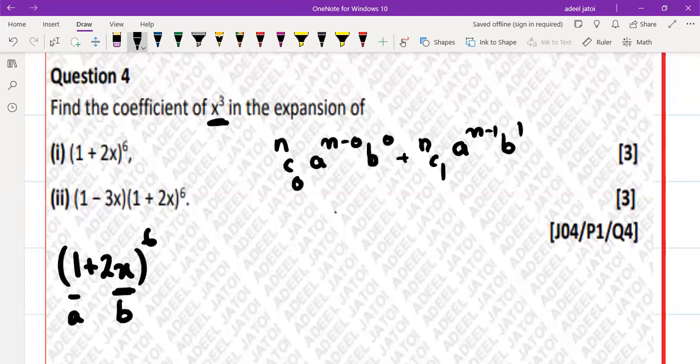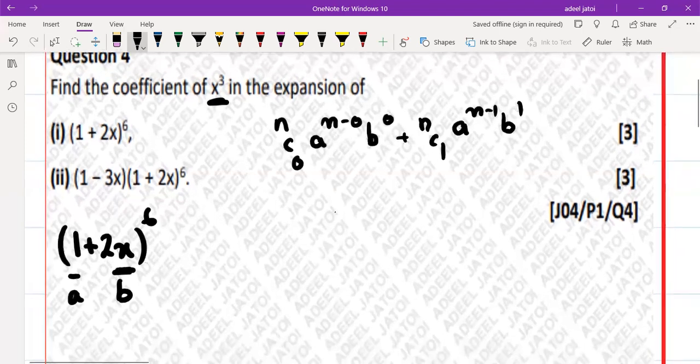So if you see, I need the coefficient of x cube. I will be only looking for the powers of x. To find out which term I will be using, I will only be looking for x. Can I say my x comes under the B substitution?